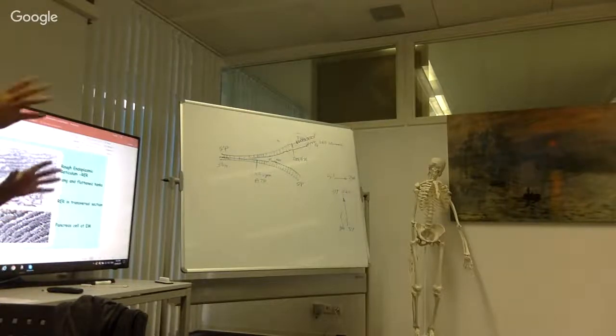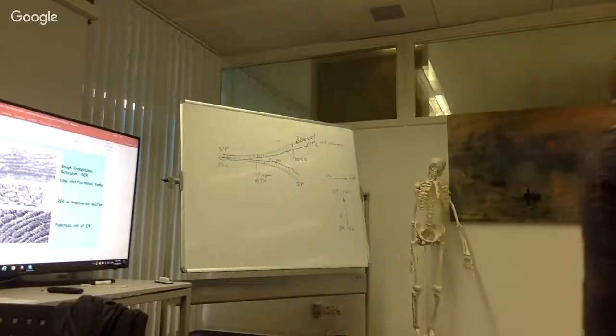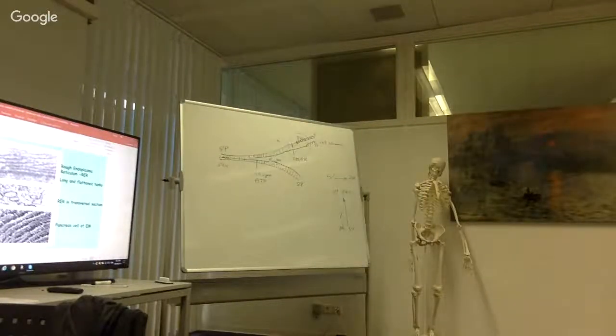The difference between smooth and rough reticulum from the morphological point of view is that in rough reticulum we find ribosomes stuffed on the surface. Smooth reticulum doesn't show any ribosome. And depending on the activity of cells, we can get more developed smooth reticulum or rough reticulum.